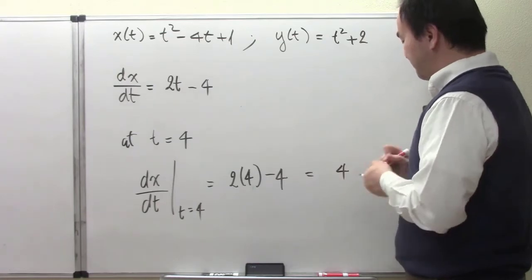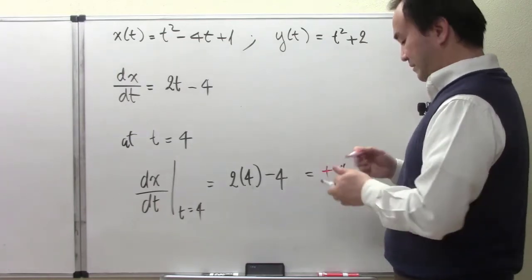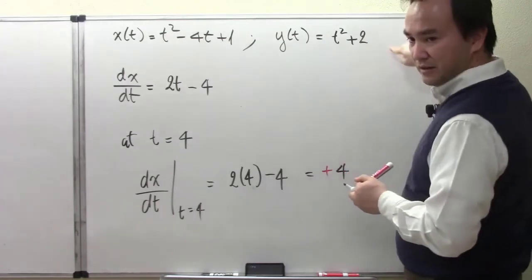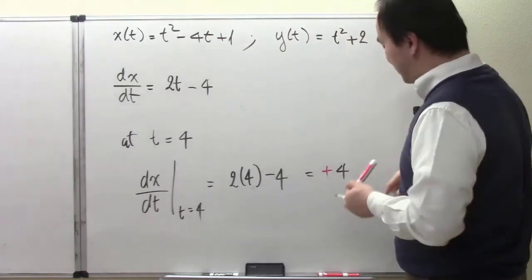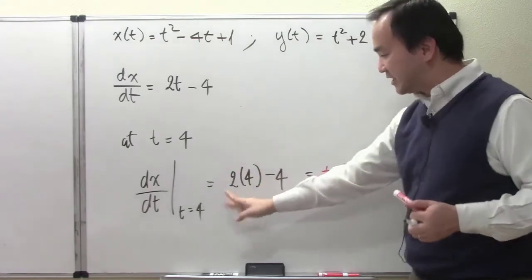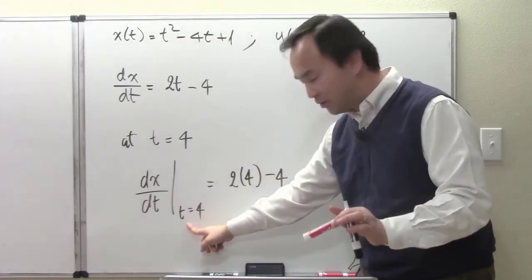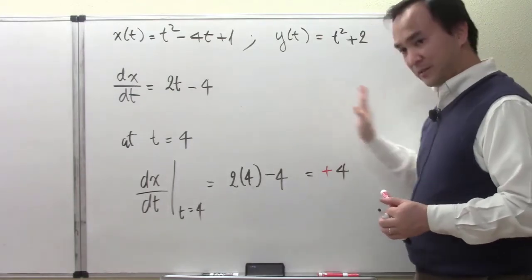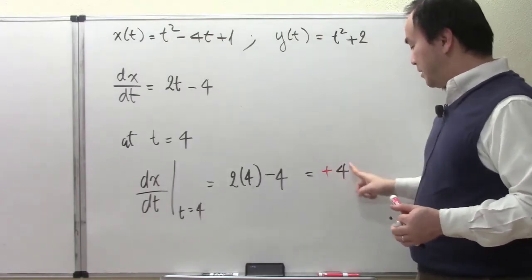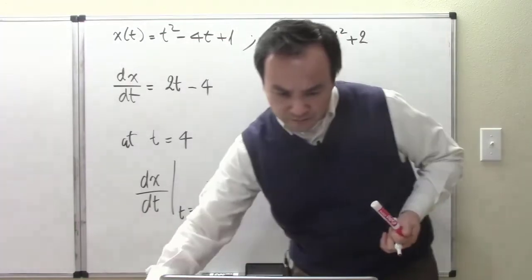It's positive. That means the curve could be going crazy up and down and waving left and right, but at that instant in particular, at t equals 4, the particle is moving horizontally at positive 4.